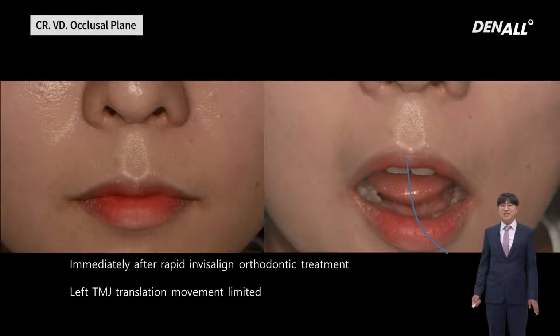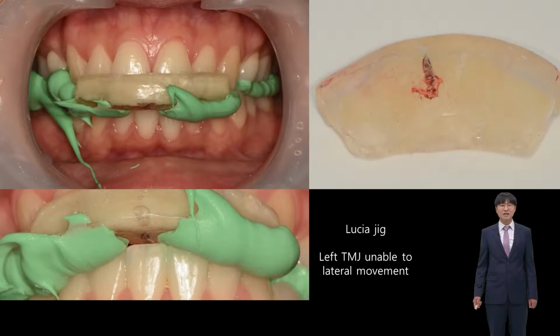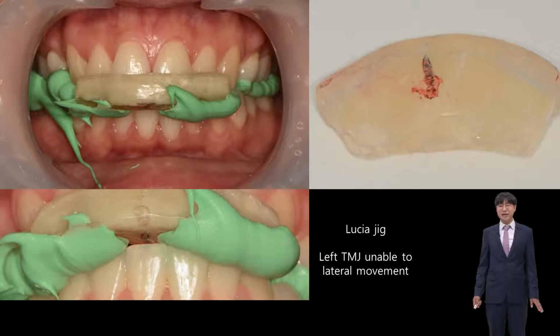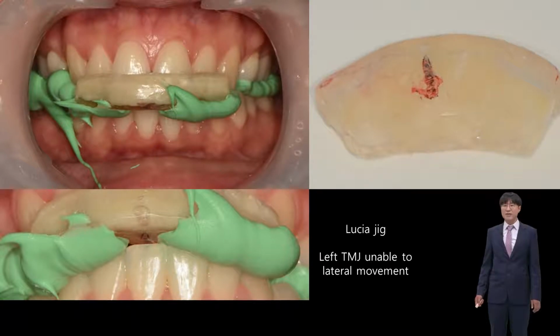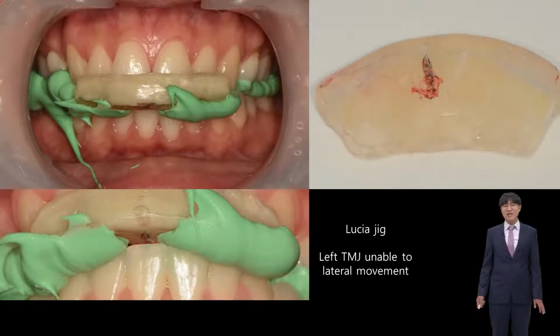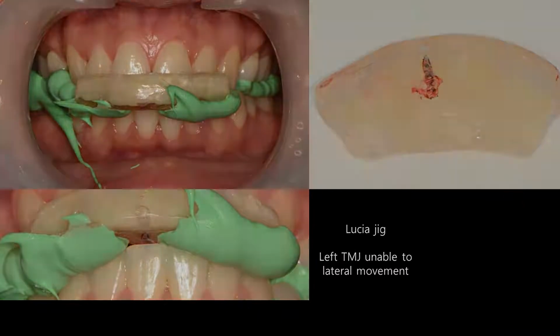Due to the translation movement limitation on the left TMJ, a Lucia jig is similar as it separates the back teeth. To block the neuromuscular system, it is to find the position where anterior and lateral movement starts, which is considered CR. The lateral movement is impossible, so the movement is not registered.